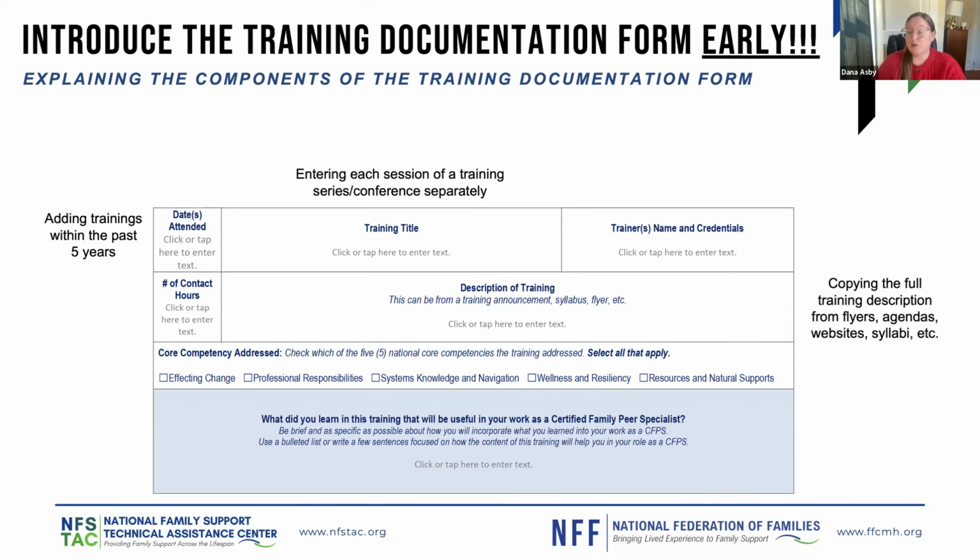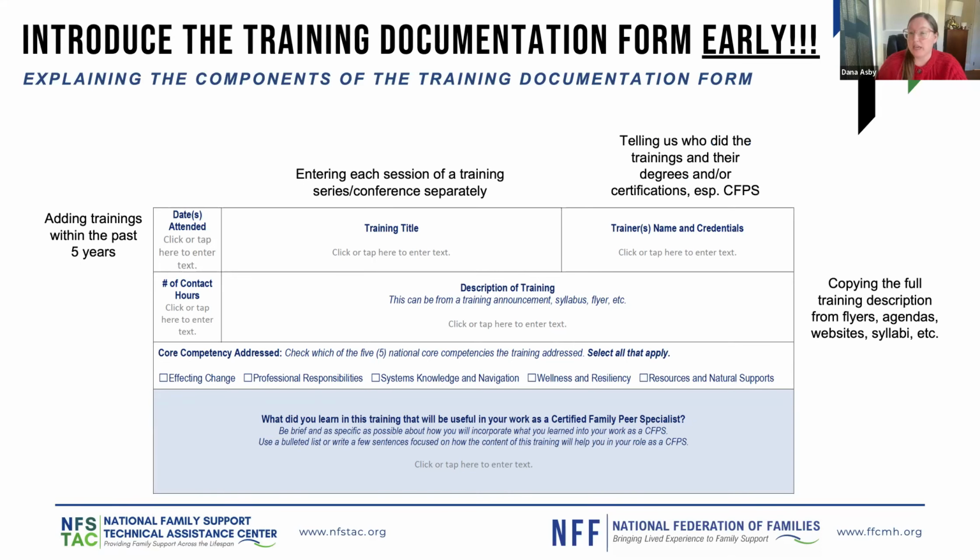We really do want you to copy and paste the full training description. When you see it on a flyer, an agenda, a website, or a syllabus, copy and paste that whole description so that we have exactly what the trainer themselves told you the training was going to be about.